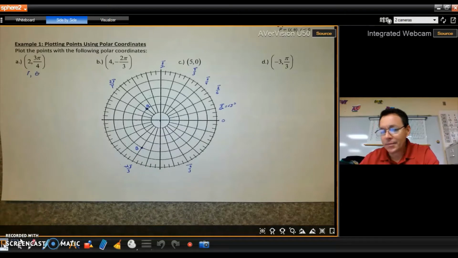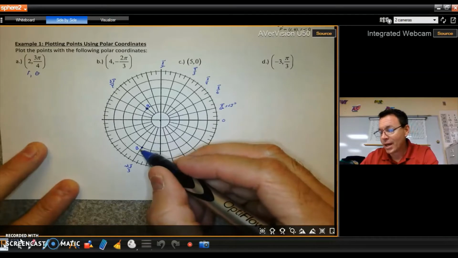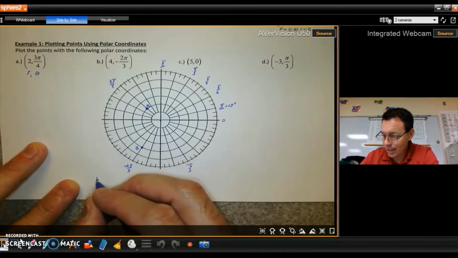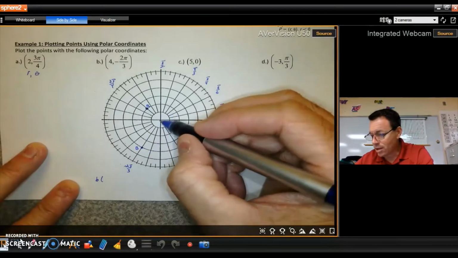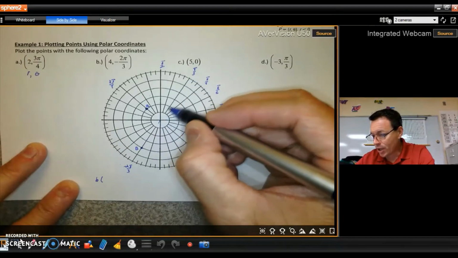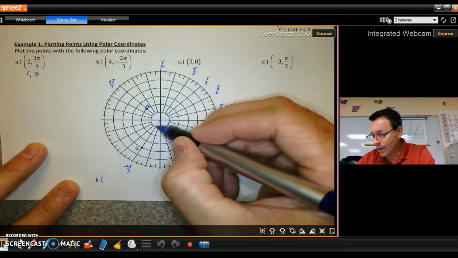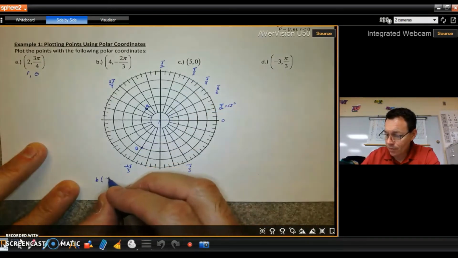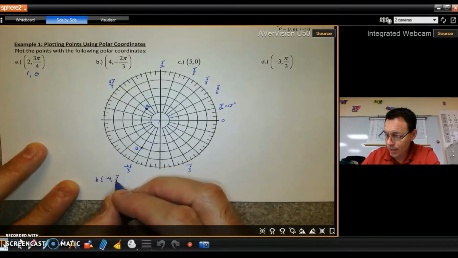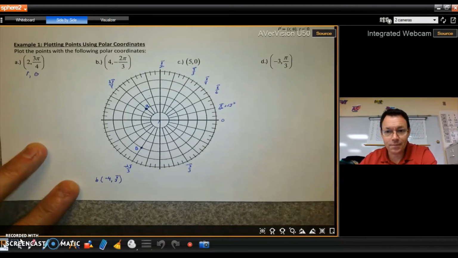Now here's the weird thing about these. That exact same point could be written in like 3 other ways. There's a lot of ways you could get to this point. I could have said B was, look at pi over 3, and then go backwards 4, so negative 4 pi over 3. That would have been the exact same location.